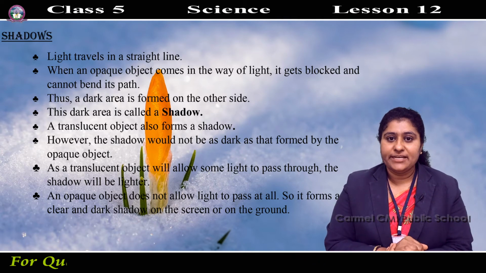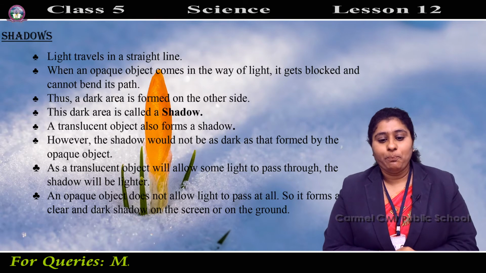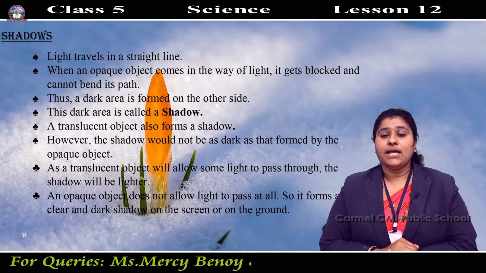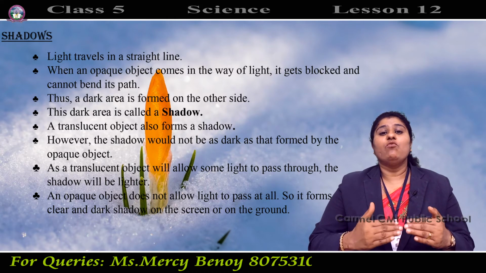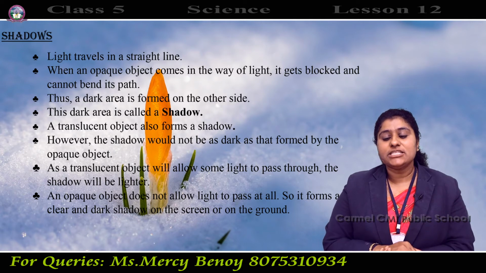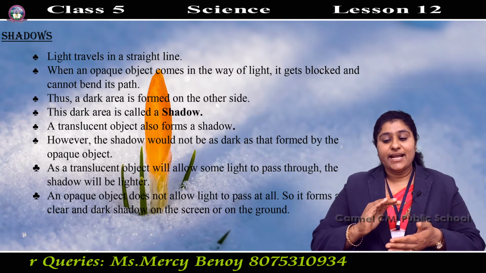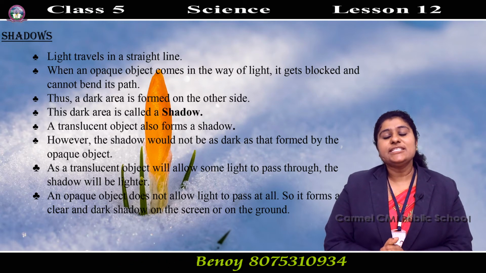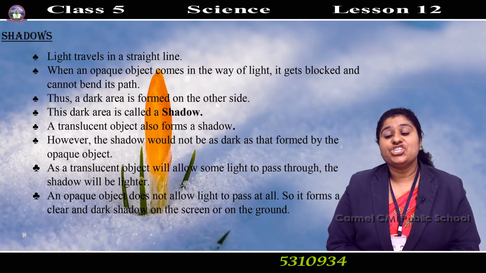Such materials are called opaque materials. When an opaque object comes in the way of light, it gets blocked and cannot bend its path. Thus a dark area is formed on the other side. This dark area is called a shadow.